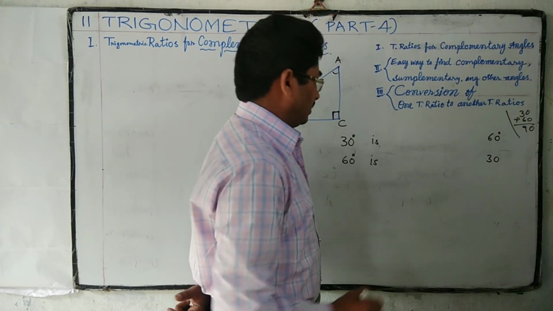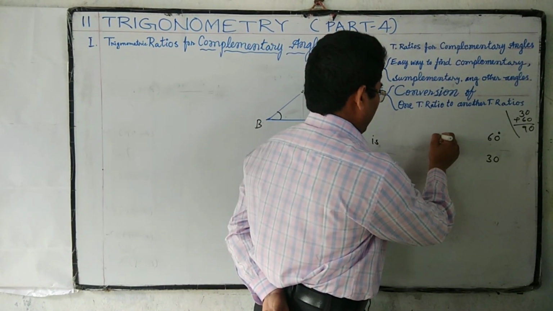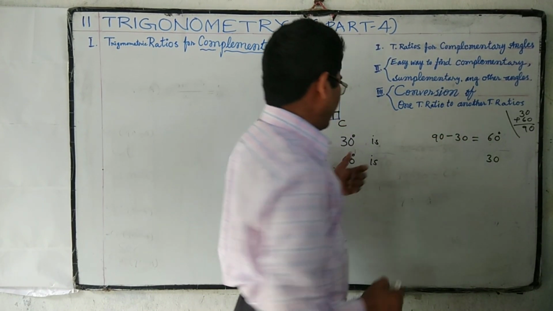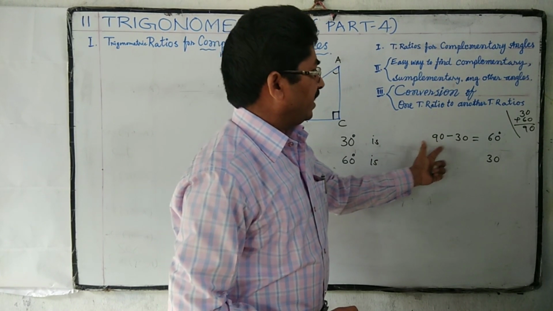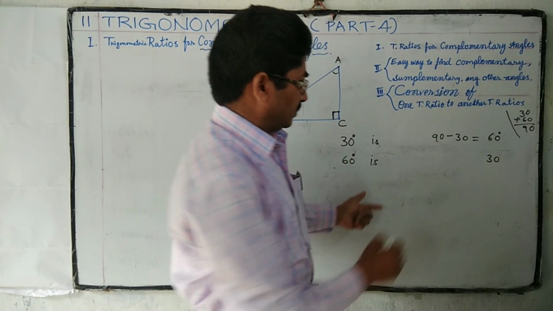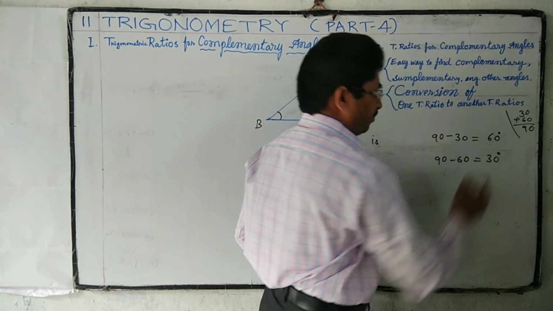How to get these complementary angles? The complementary angle of 30 degrees is 90 minus 30, which is 60 degrees. The complementary angle of 60 degrees is 90 minus 60, which is equal to 30 degrees.